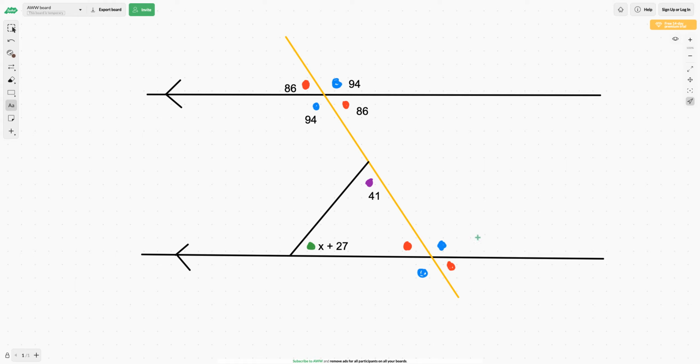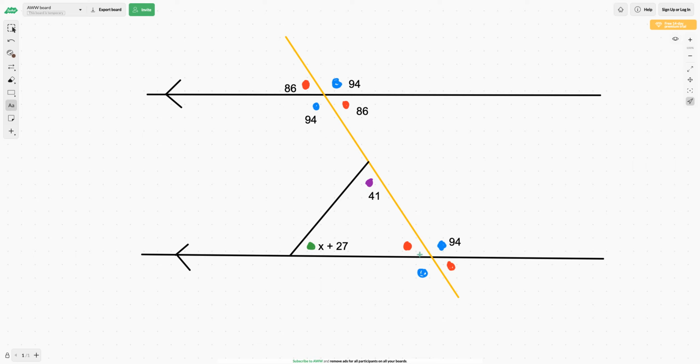So these are same side interior angles. And same side interior angles are supplementary, so they add up to 180. So this one is 94.